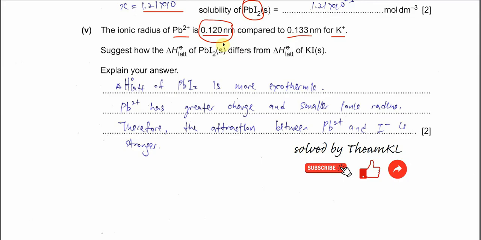So we expect the lattice energy of lead iodide to be more exothermic, because stronger attractions form between the lead-2 ions and the iodide. The lead-2 ion has a greater charge because it is 2 positive, while this one is 1 positive, and it is smaller in size. So the attractions between the lead-2 ion and iodide are therefore stronger.